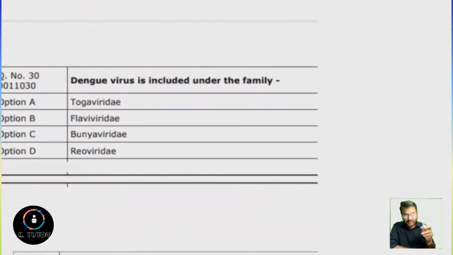Next question is dengue virus is included under the family. So dengue virus is under which family? So first option is Togaviridae. No, this is not true. In Togaviridae, rubella is included, and chikungunya will be there.